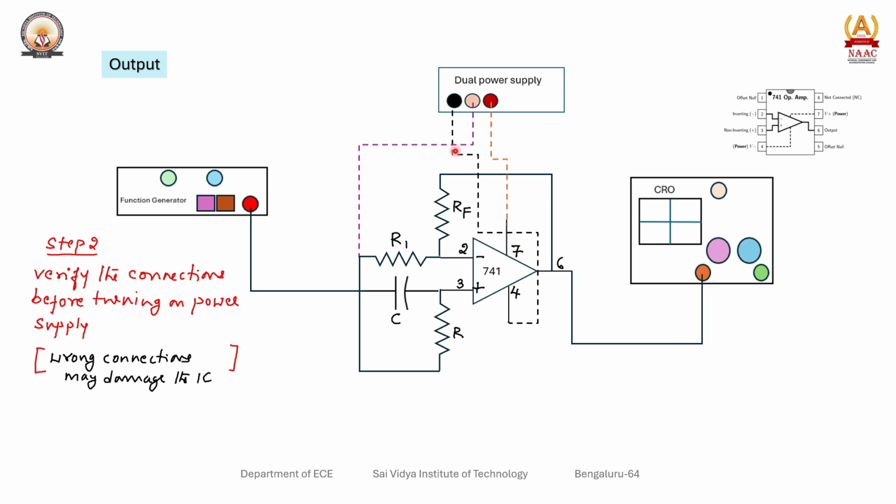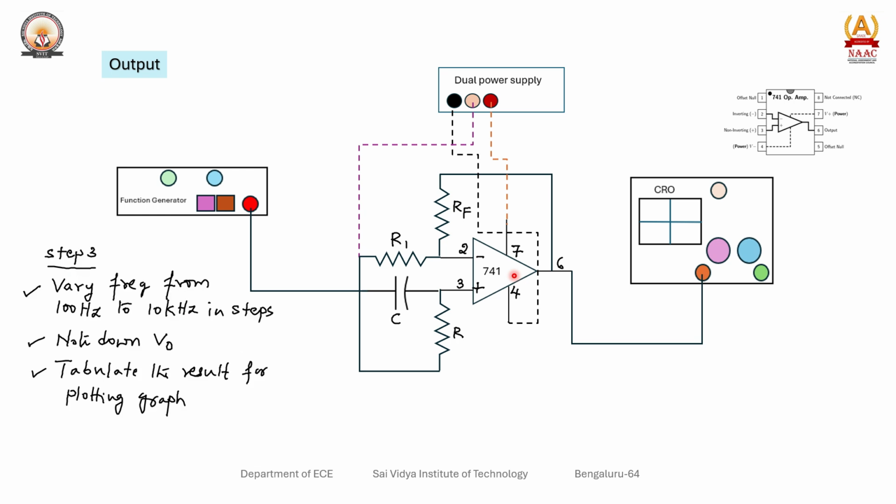Or if ground is not connected and you just connect these two terminals, then you won't get any output. Once the connection is verified, turn on the function generator, the power supply and the CRO. Now vary the frequency from 100 Hz to 10 kHz in steps using the coarse knob in the function generator.